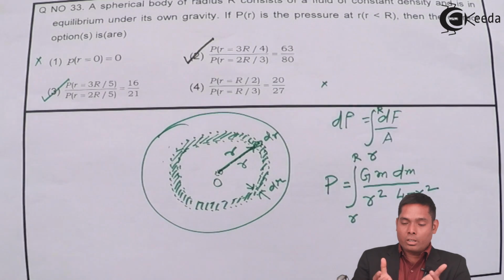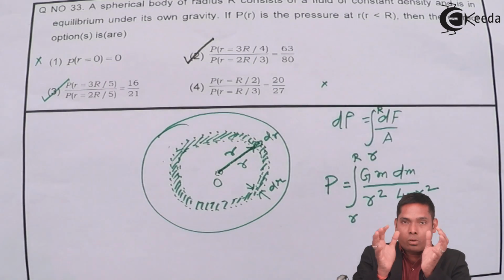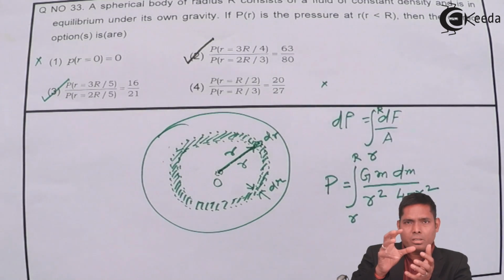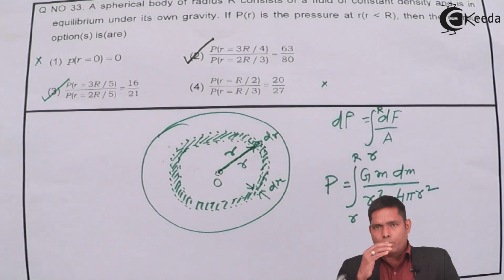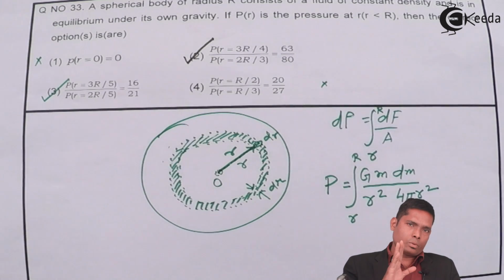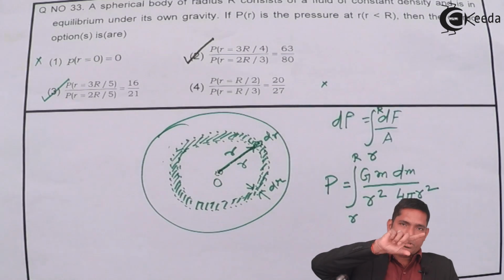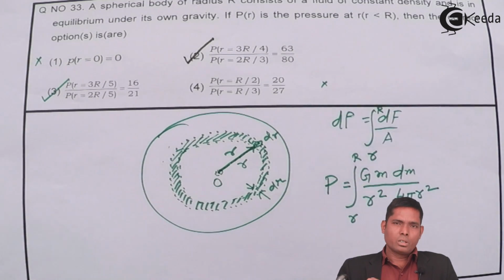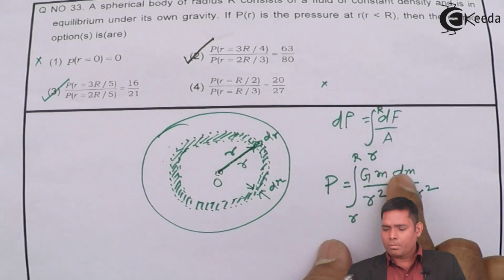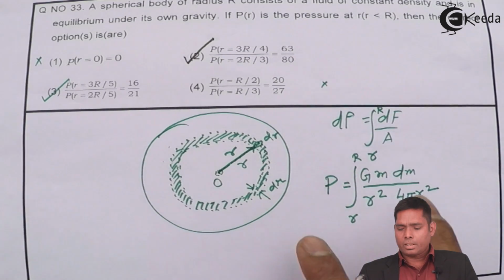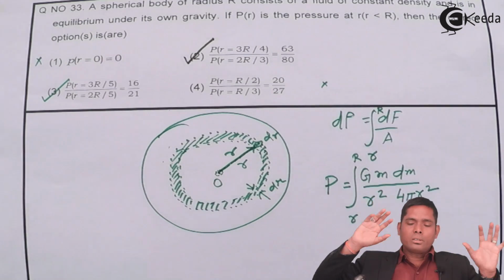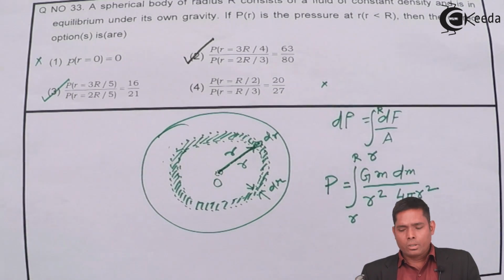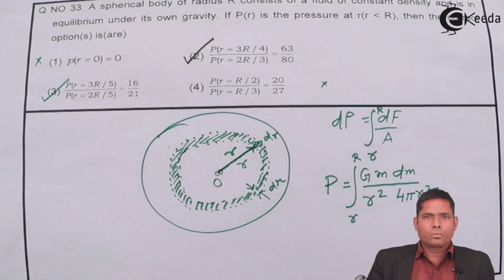The element is a hollow sphere, and the force is because of the gravitational force, that is, the inner mass will exert a force of GMm upon r square on the liquid. So integrating that, you will get the answer. Okay, thank you.